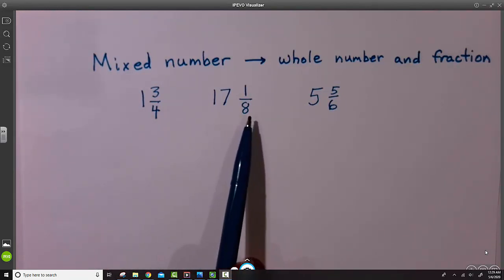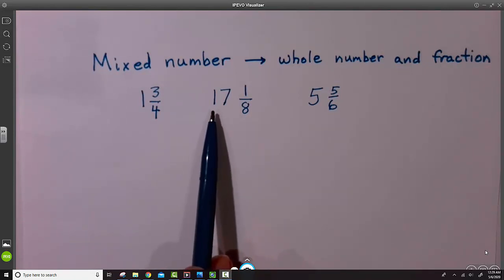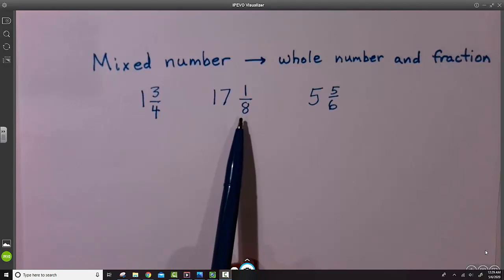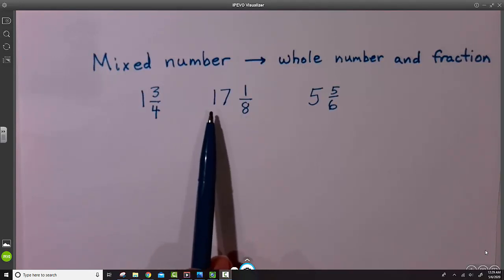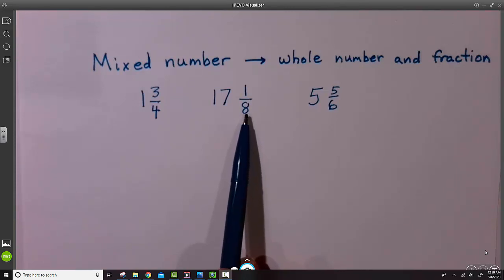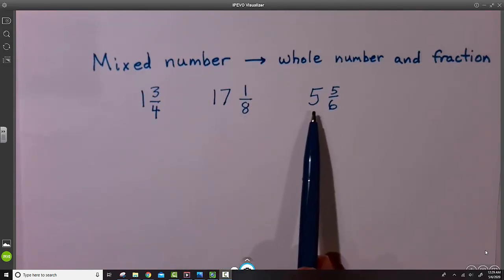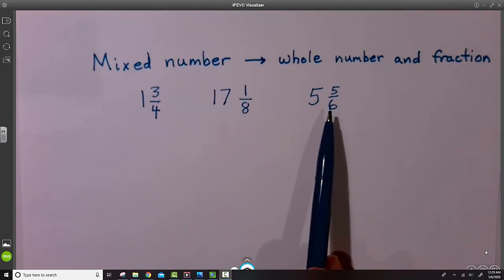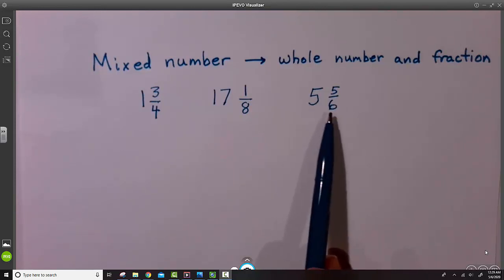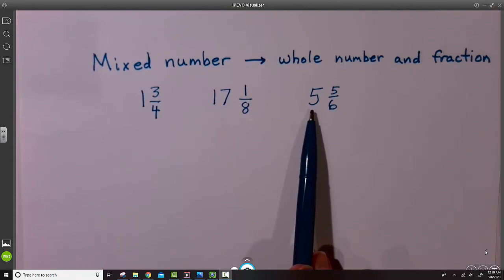17 1/8. We see the whole number is 17, and the fraction is 1/8. The mixed number is 17 1/8. 5 5/6. The whole number is 5.